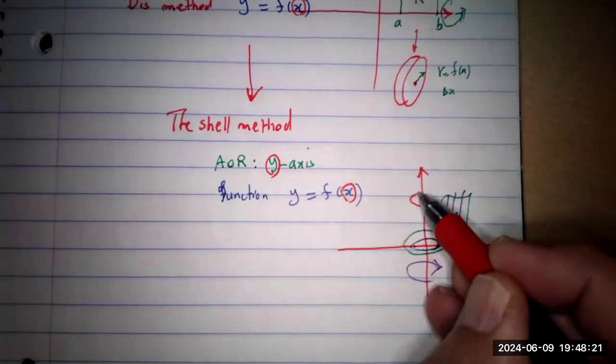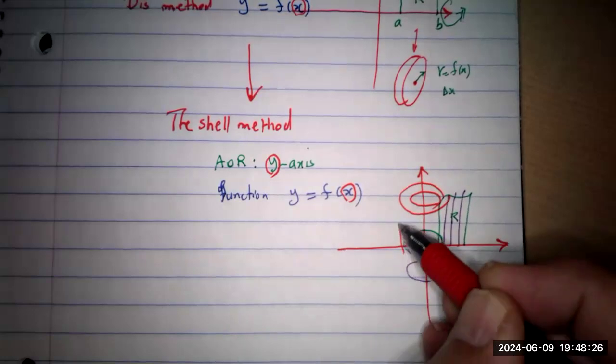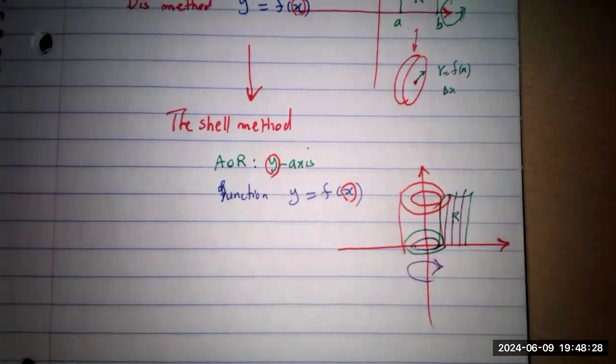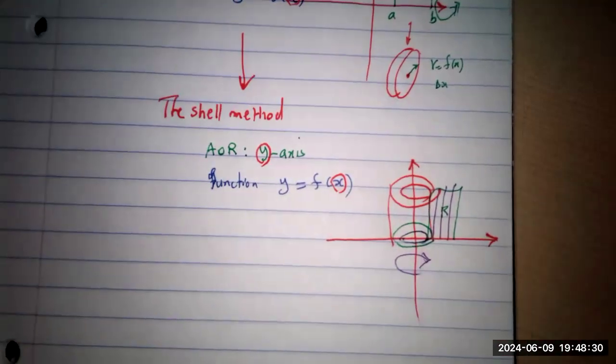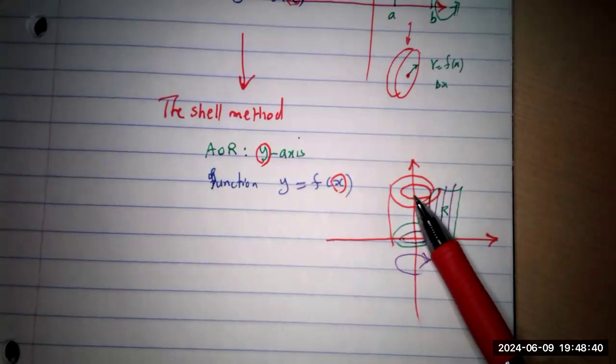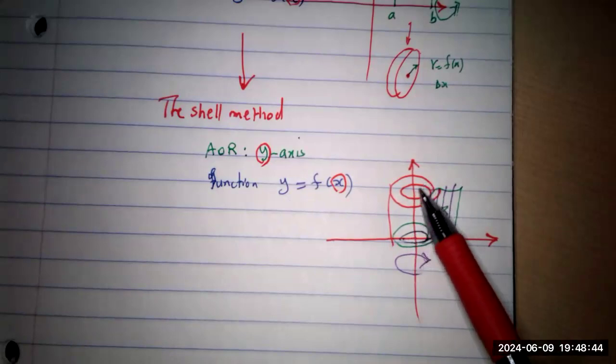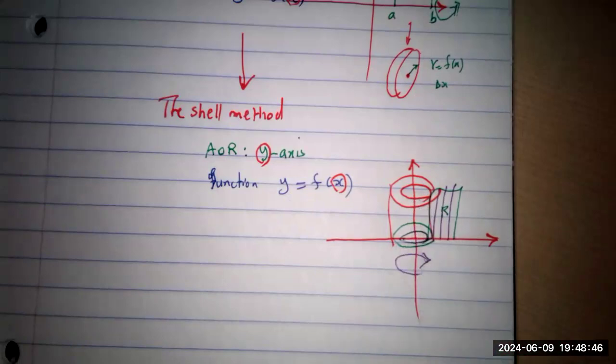You get one inner circle and one outer one. Each portion of the region would create a double cylinder. You get two circles, inner and outer. The center of the circles is the same, but they have two different radii.